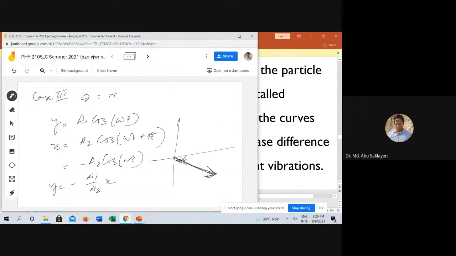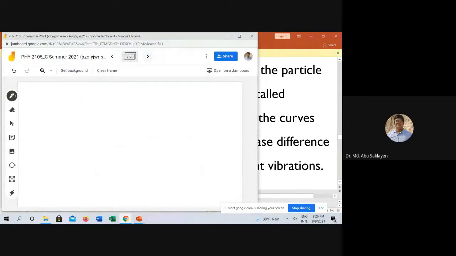So in the last section we got phase difference phi equal to pi by 2, so y equal to a1 cos omega t and x equal to a2 cos(omega t plus pi by 2), so this will be minus a2 sin omega t.